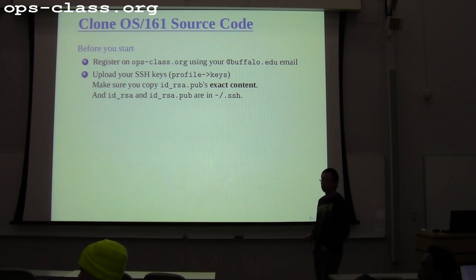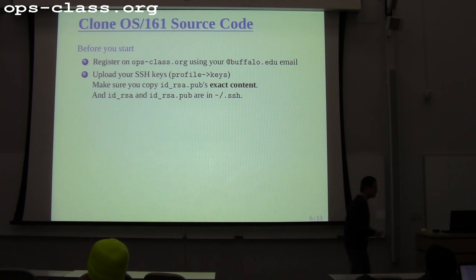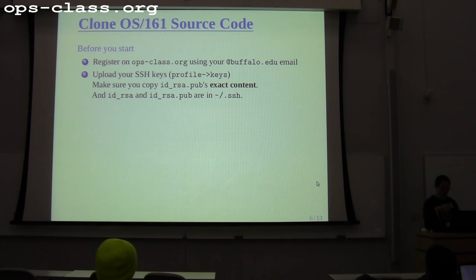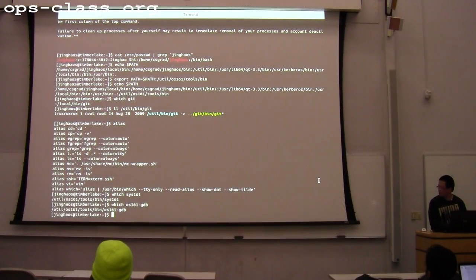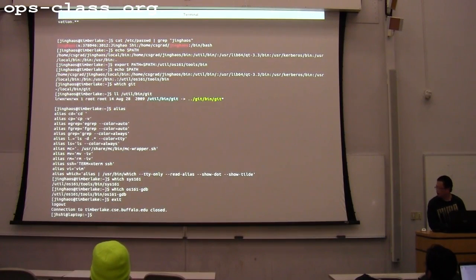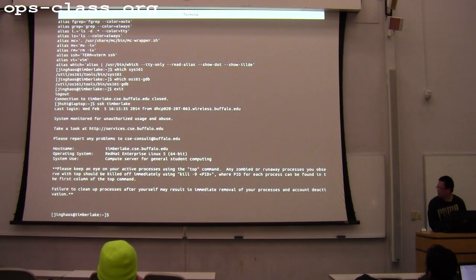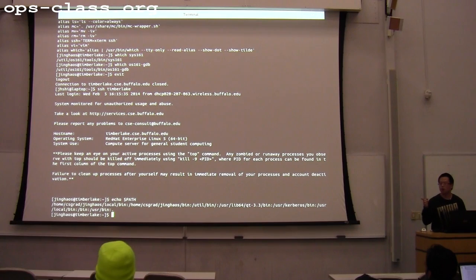Is there any script which runs every time bash starts so that we can put our path export in? Oh, sorry. I forgot to demo that part. I mentioned it in the slides. So if we log out and log in again and I do echo PATH, you can see that the util OS161 stuff is gone, right?